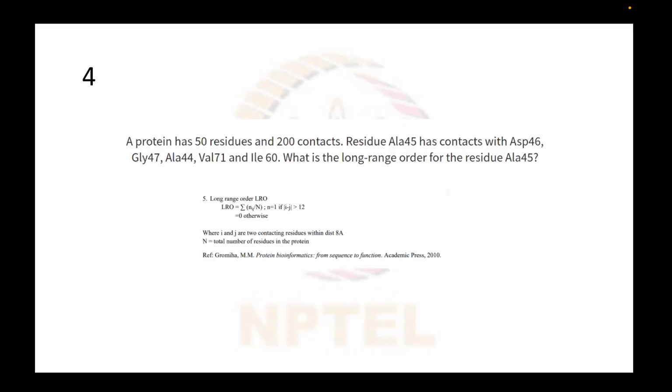Here in long range order, n of ij is the separation, a binary number. If the separation between the two residues is greater than 12, its value is 1. If not, it is 0. And capital N is the number of residues in the protein.